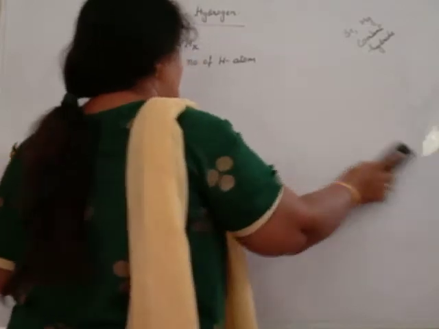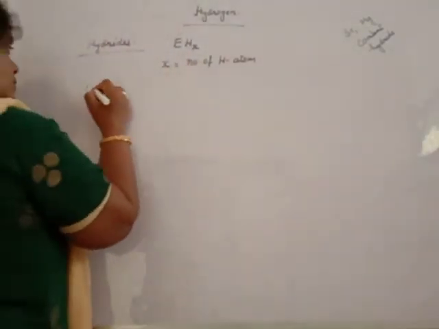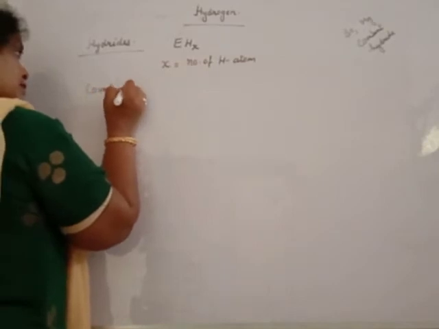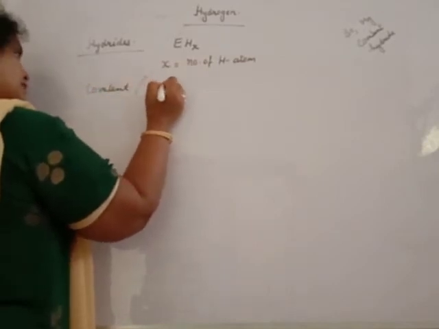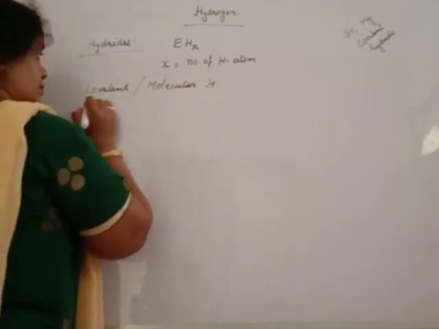Covalent hydride, or molecular hydride. These hydrides are formed by elements of group 13 to group 17, because noble gases do not form any hydride.